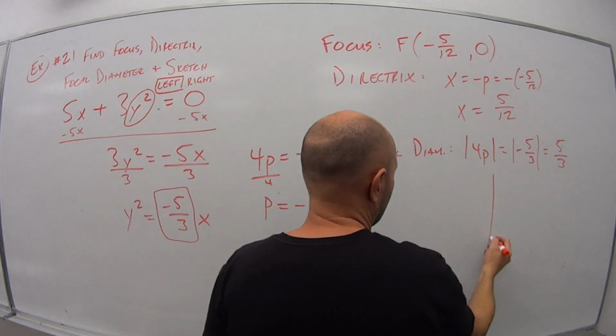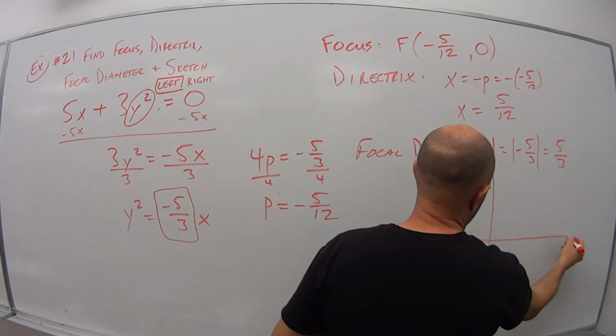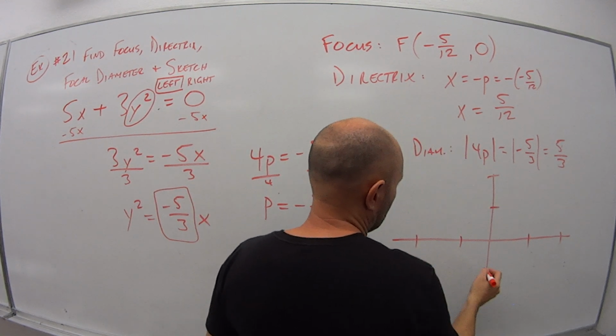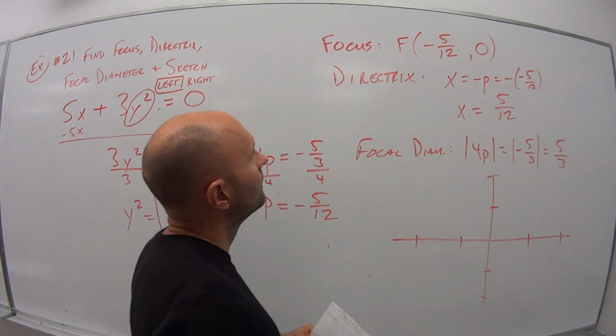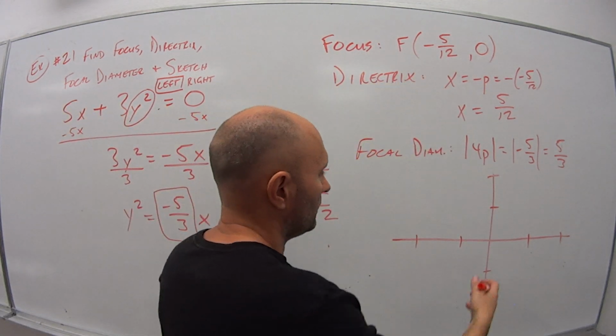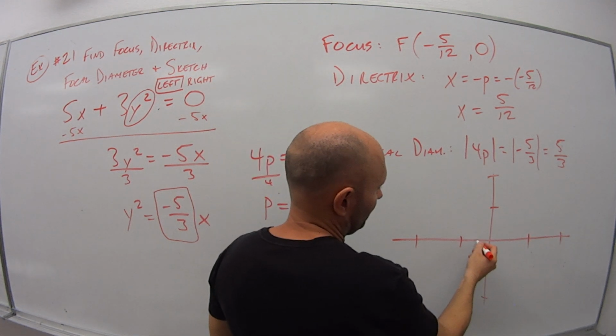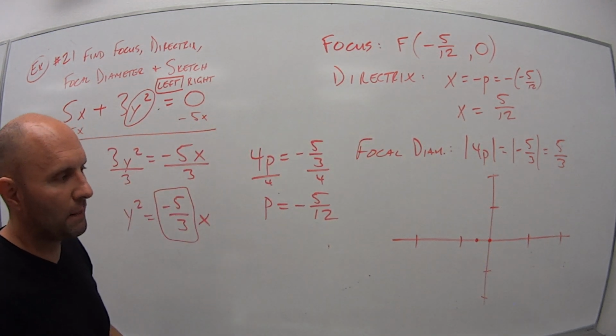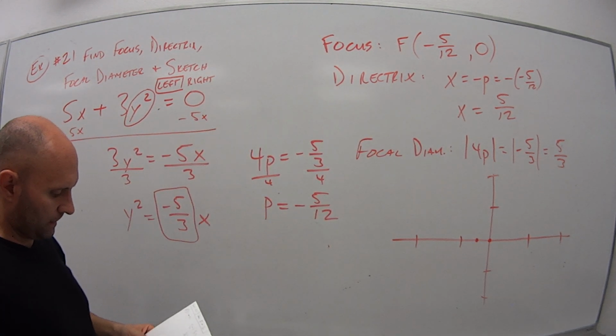And then lastly, the sketch. So our focus is at minus 5/12 and 0. Minus 5/12 is a little bit less than a half, and 0, so we stay right on the x-axis. Our vertex, again, remember, is at the origin.